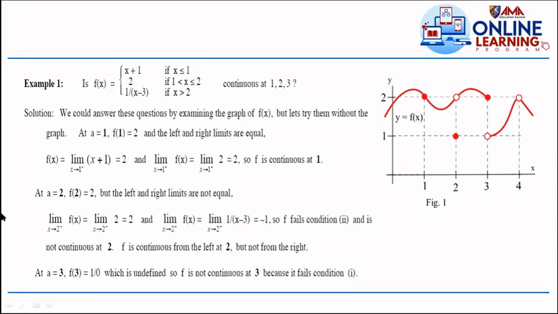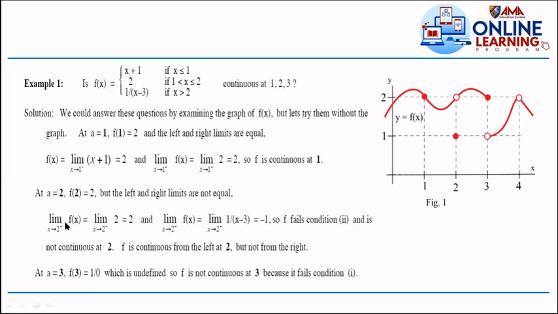Okay? So at a is equal to 2, the function of 2 is equal to 2. But the left and the right limits are not equal. Bakit? Sabi dito, the limit of the function of x as x approaches to 2, yun na siya, no? The limit of 2 as x approaches to 2 is equal to 2. Sabi dito, but the left and the right limits are not equal.